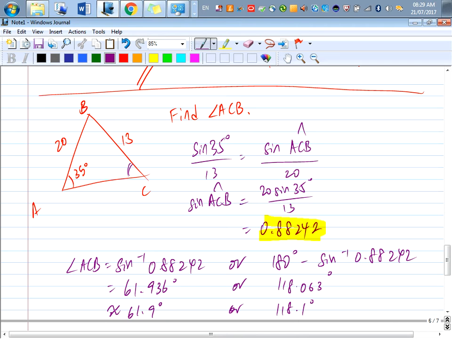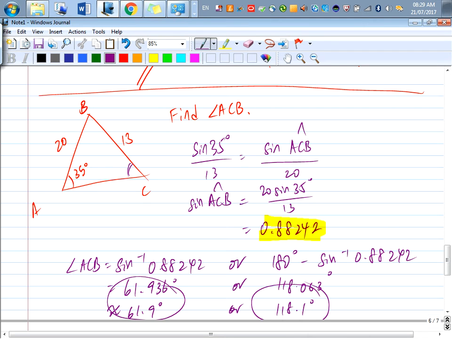No, they only provided the diagram in the solution. In the question, did they provide a diagram? No, right? They only tell you that the triangle, the length is 13, length is 20, and angle is 35. Then they ask you to find angle ABC, and also angle ACB, which we found out is 61.9 or 118.1. What does this actually mean?